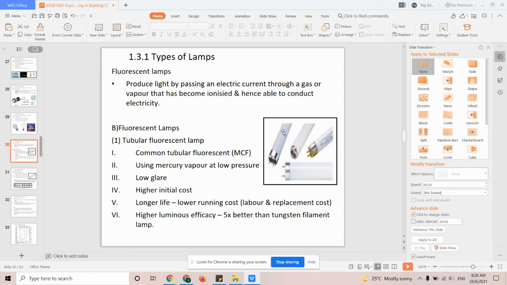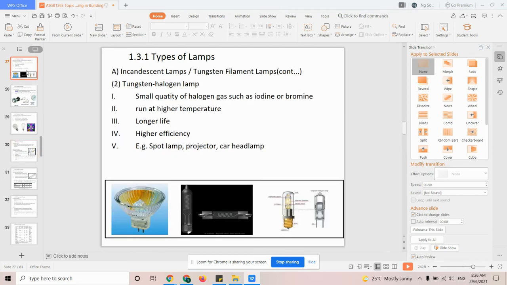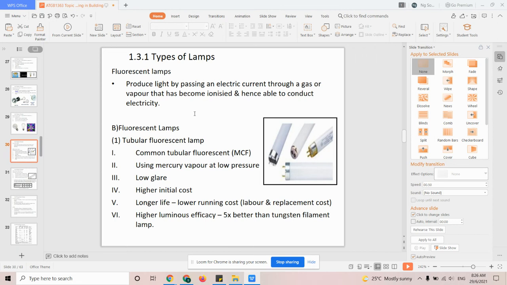The mechanism behind how they give us light is still through gas or vapor, very similar to this tungsten halogen lamp. Electricity is passed through this gas and they are ionized. When they ionize the gas, it means they activate the gas and actually produce the light.